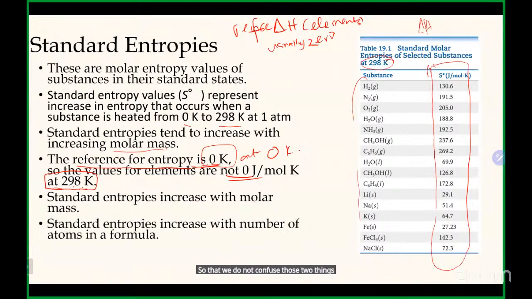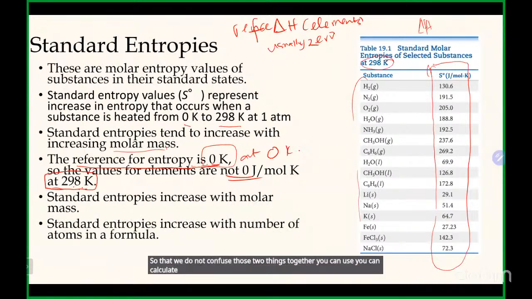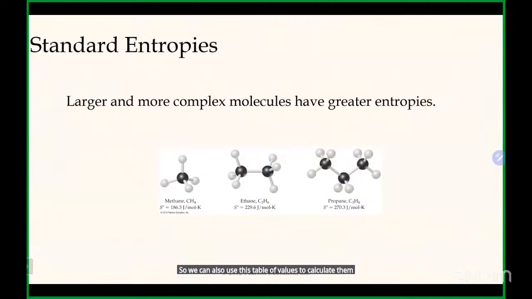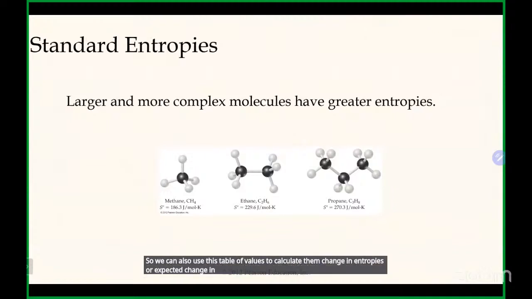You can calculate change in enthalpy for processes, because enthalpy is a state function, just by final minus initial. So we can also use this table of values to calculate change in entropies or expected change in entropies that we are anticipating.